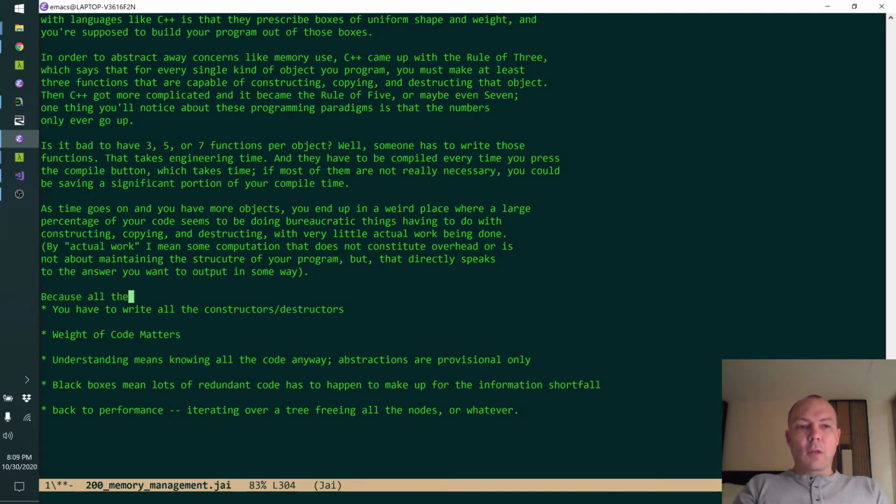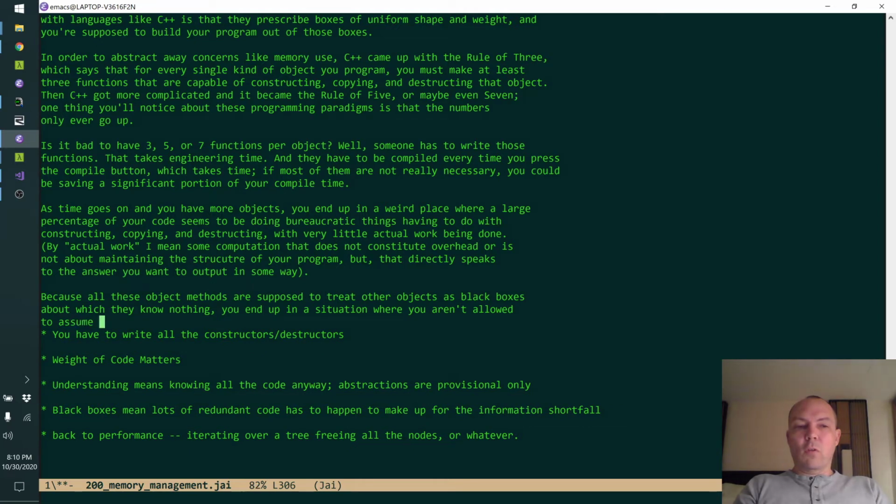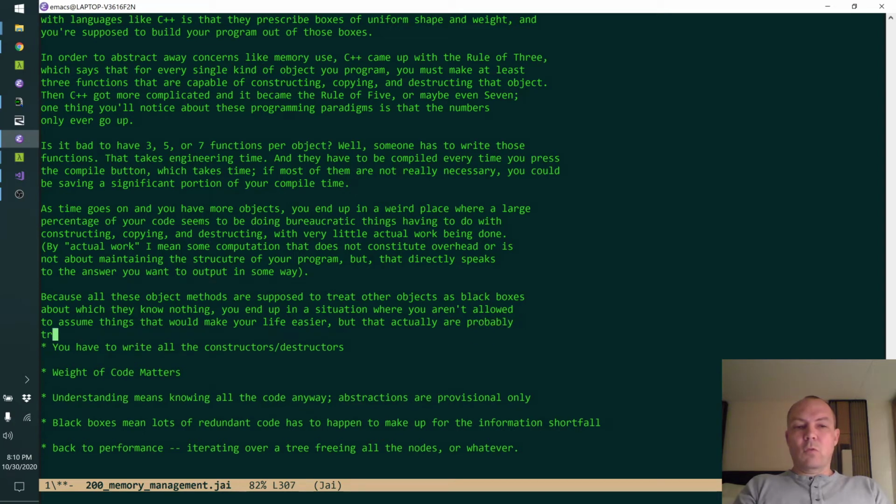Because all these object methods are supposed to treat other objects as black boxes about which they know nothing, you end up in a situation where you aren't allowed to assume things that would make your life easier, but that actually are probably true.